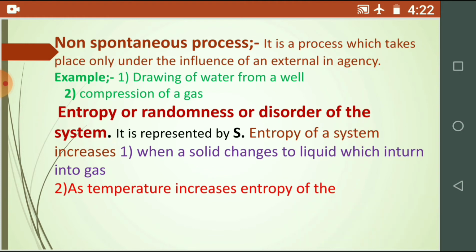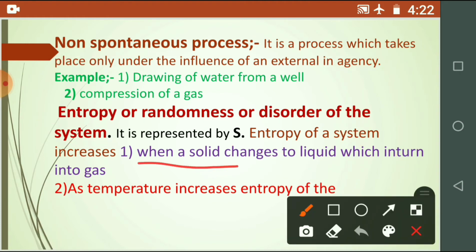That's why entropy of a system increases when a solid changes to liquid, and the liquid in turn changes into gas. So that is order to more or most disorder condition. That's why entropy of the system increases.